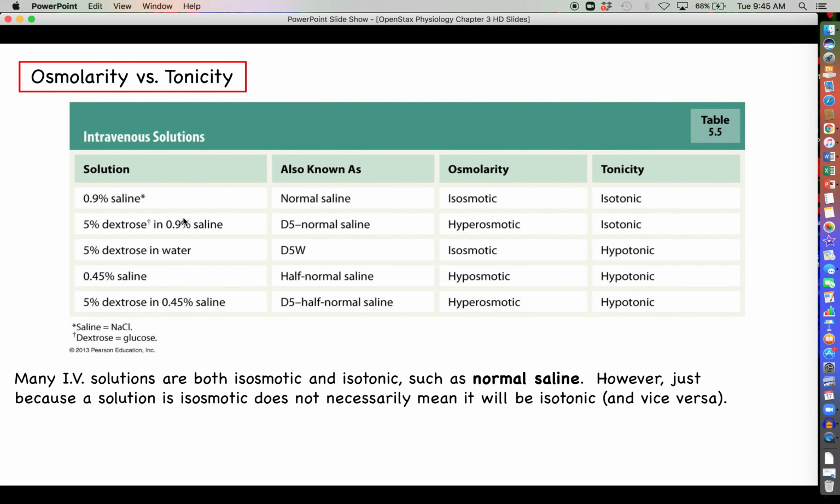So really, for a D5 normal saline solution, we can treat it as if it's just a normal saline solution. The dextrose would not count because it does not stay in the bloodstream for very long.